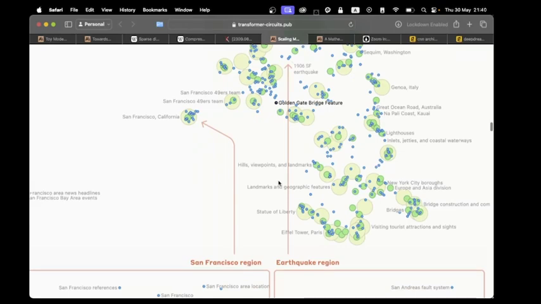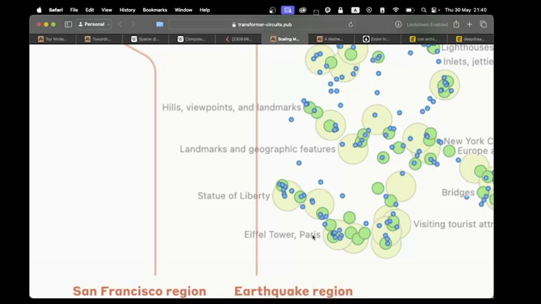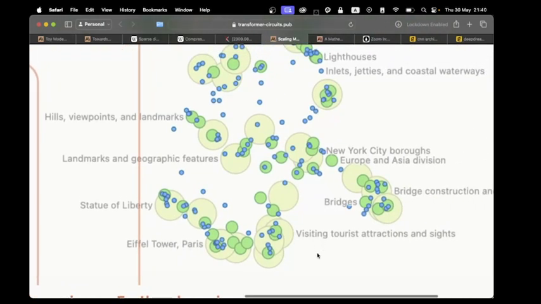Hills are close to landmarks, like Statue of Liberty, Eiffel Tower, tourist attractions, and then bridges.